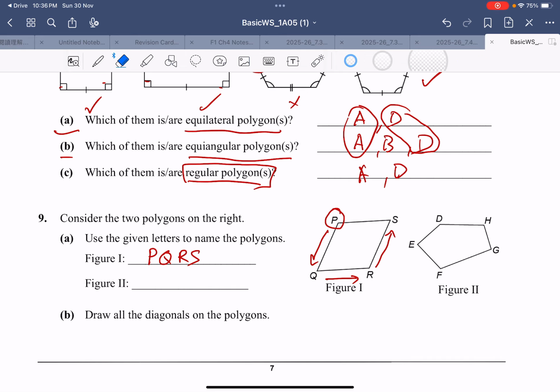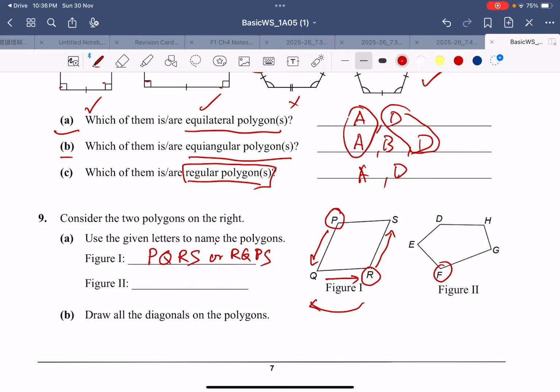Or you can name it in another way, starting from R, you go from R to Q and P and S. Still okay. Starting from R, you go in this way. So try to name figure 2.